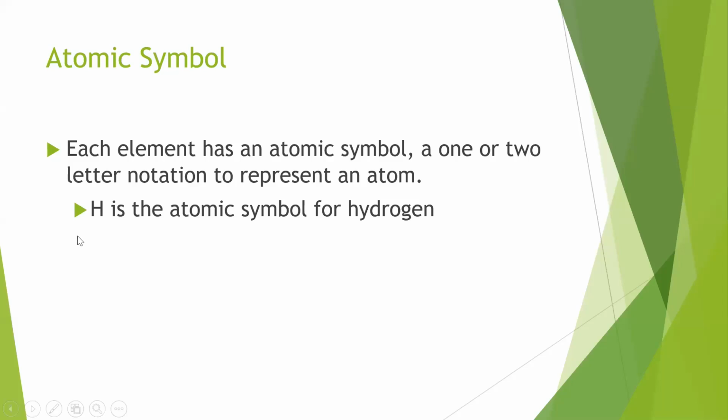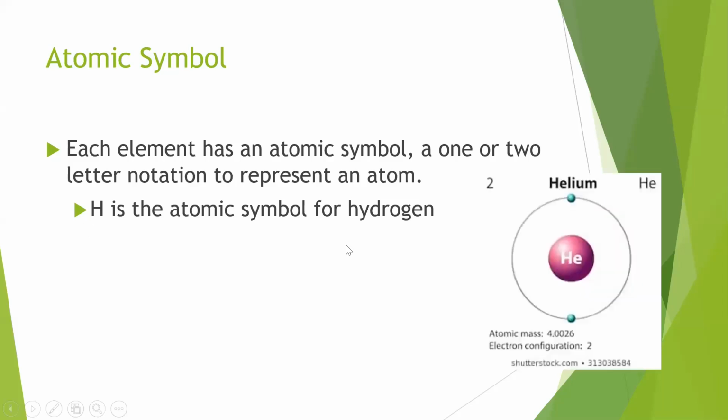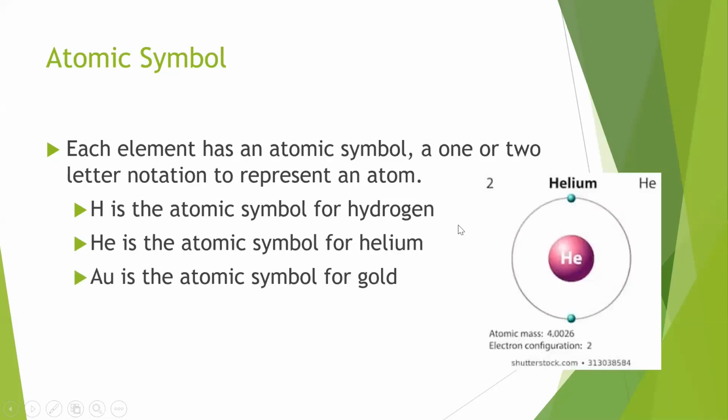An example is H is the atomic symbol for hydrogen. He is the atomic symbol for helium. This is actually weird, but Au is the atomic symbol for gold. It's because the atomic symbols are not all from English. They might be abbreviations from another language.